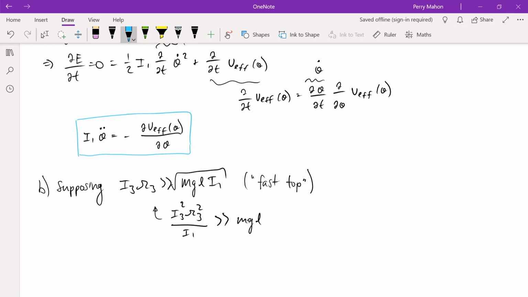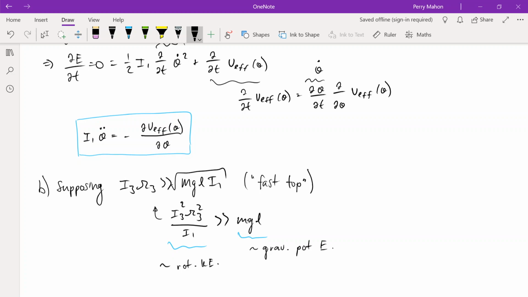So the right hand side is like the gravitational potential energy, and this left hand side you could imagine as being associated with the rotational kinetic energy. Right, because the rotational kinetic energy is related to I omega squared, and this side has those same units.